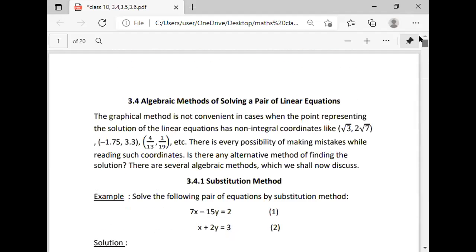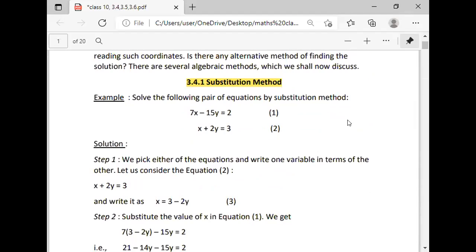So what all things have we learned in this section 3.4 and onwards? We have seen algebraic methods of solving a pair of linear equations. There were the substitution method and the elimination method. What were we doing in the substitution method?